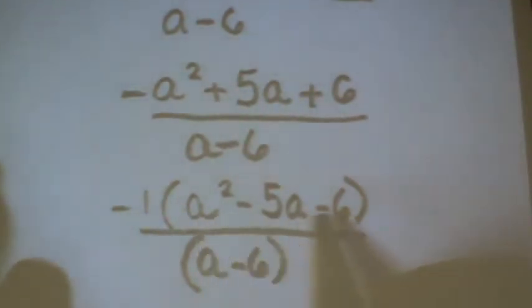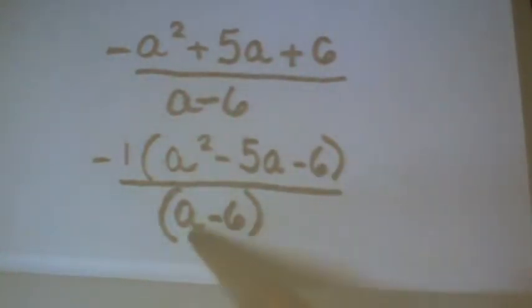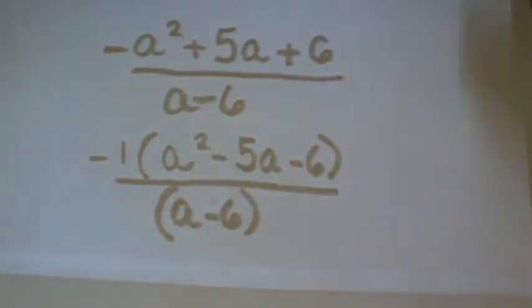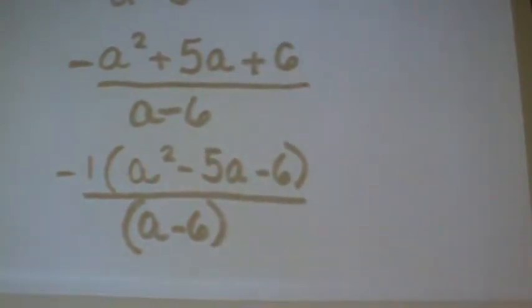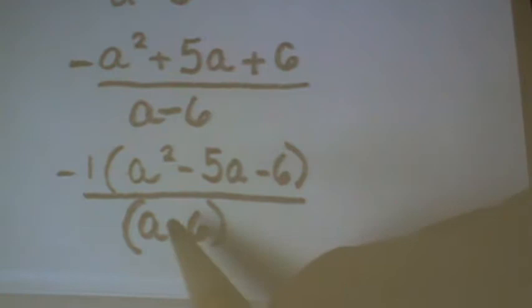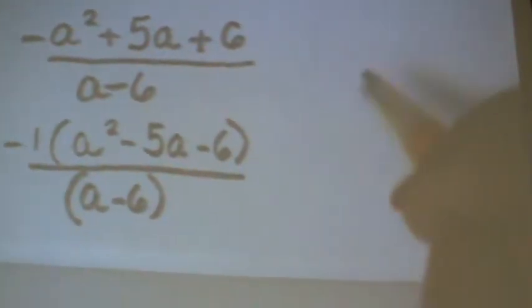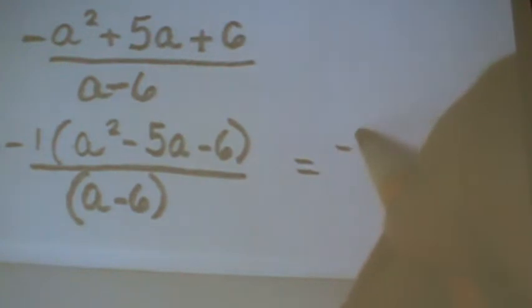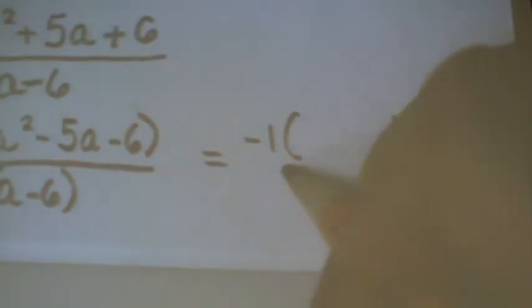Can we do anything with this, a squared minus 5a minus 6? I'm going to give you a hint, look at the bottom here. Can you break a squared minus 5a minus 6 up? Oh, you can just factor it.